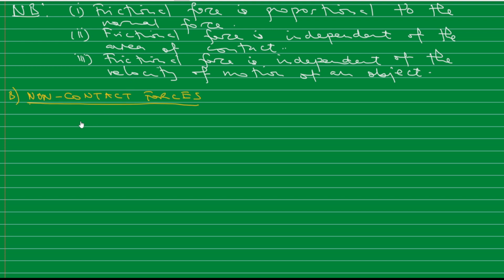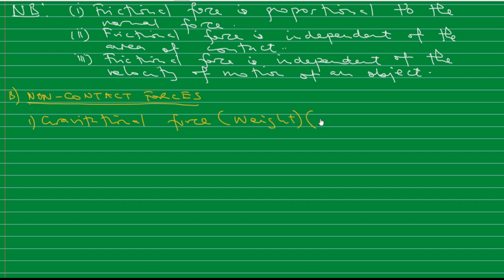Under non-contact forces, we have one major one, which we are going to start with: gravitational force. For the gravitational force, we use the letter W. We also call it the weight.